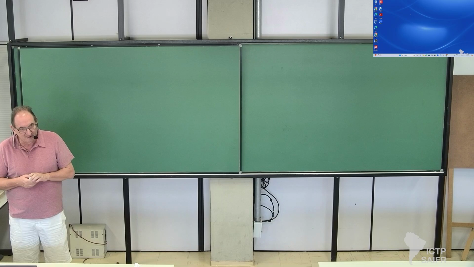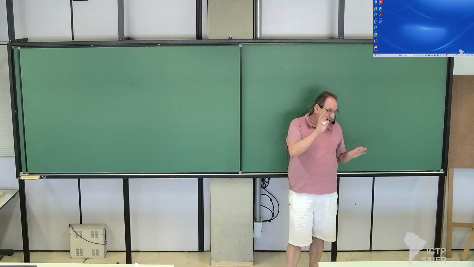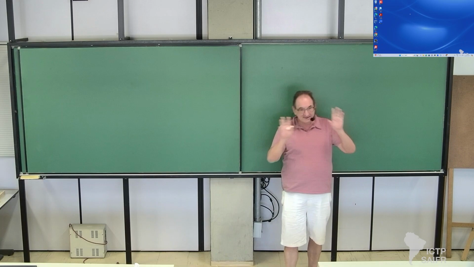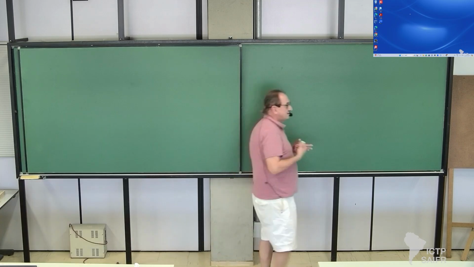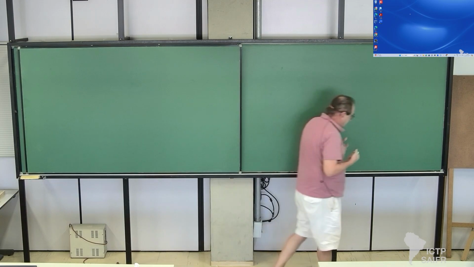So if you want to use the model to study the number of diseased people, you have to take into account the age of the people. So there are models that are structured by age classes.